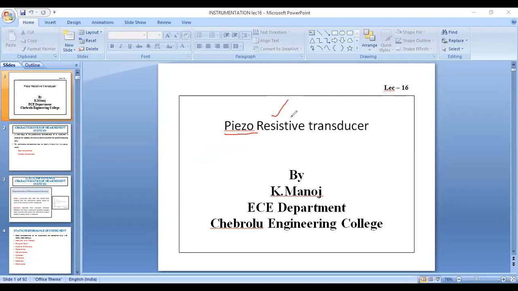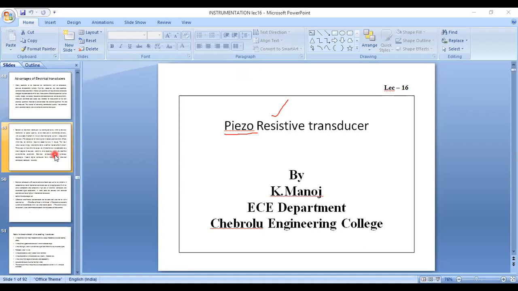So this is called piezo resistive effect. It means if we apply some stress, then the material changes its resistance. This property is called piezo resistive property. A device which possesses this property is called piezo resistive gauges.